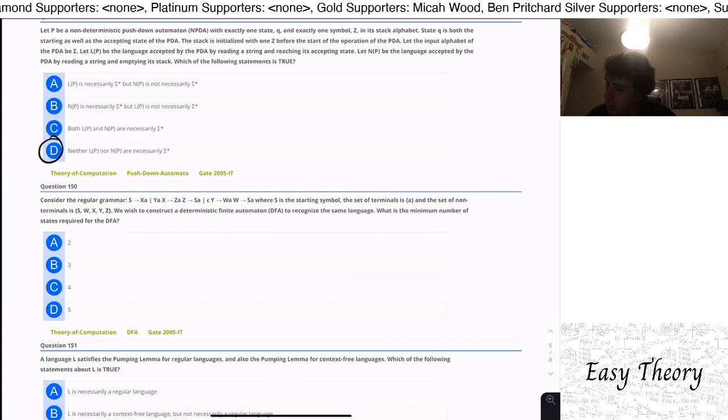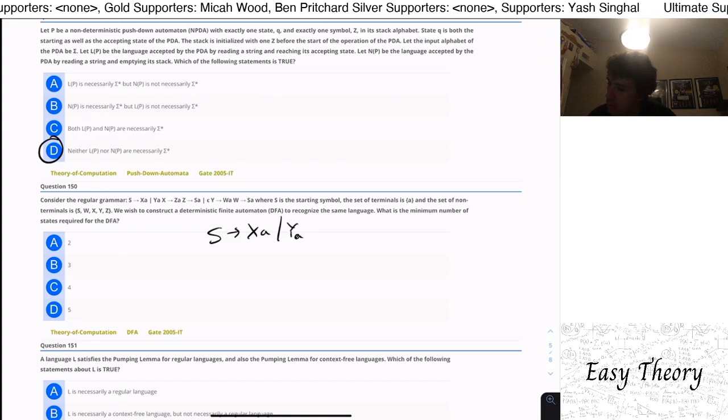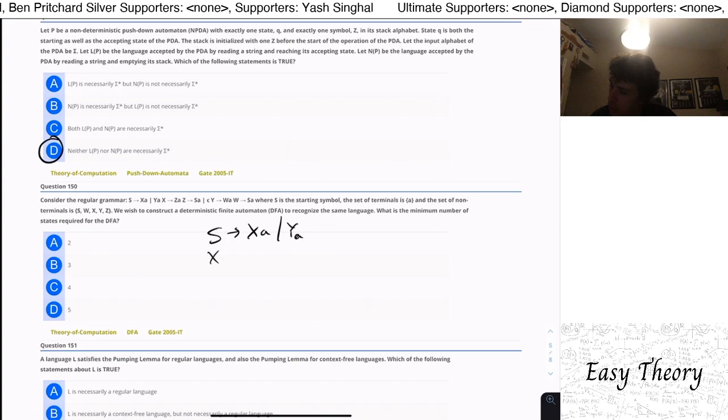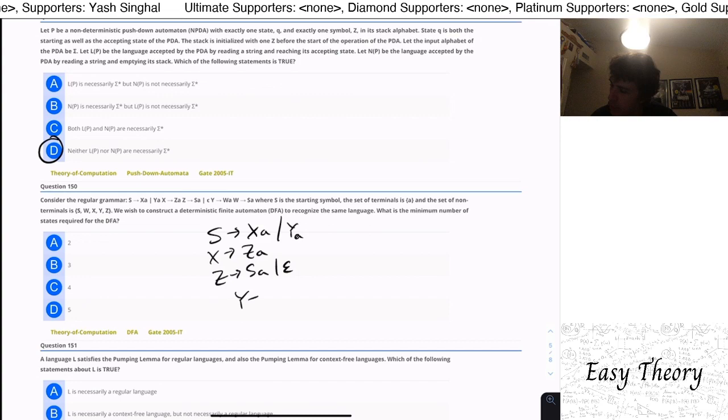Consider regular grammar. What is the minimum number of states? So S goes to XA or Y. How many variables are there? 1, 2, 3, 4. Can we do 4? Or maybe we can do better. I'm not sure. Let's see. Z goes to SA or empty. Y goes to WA. W goes to SA.